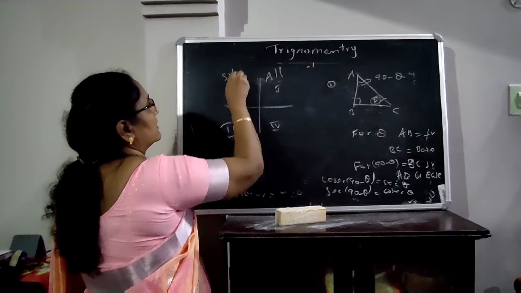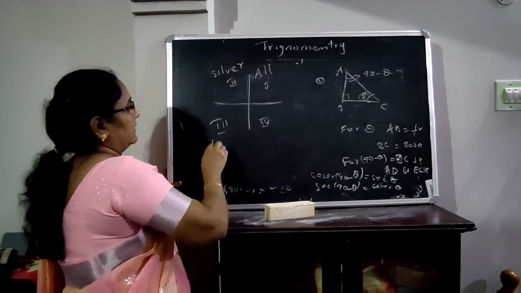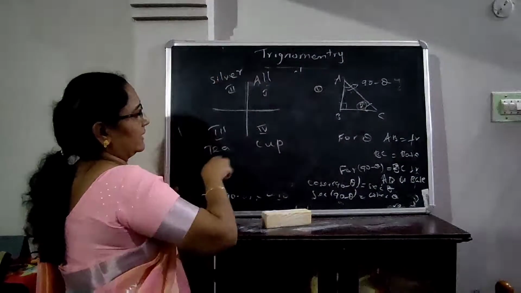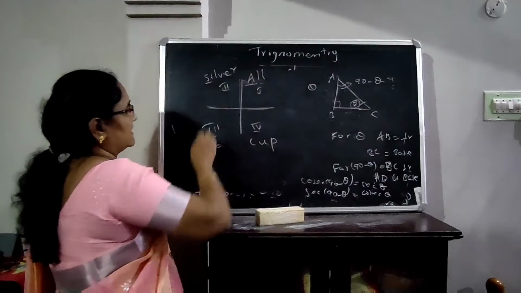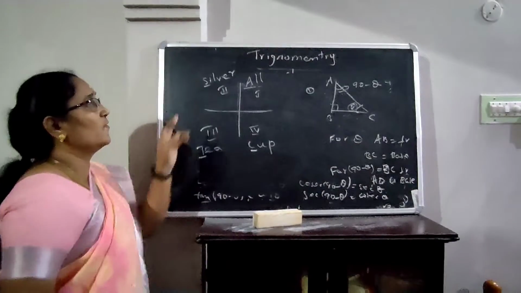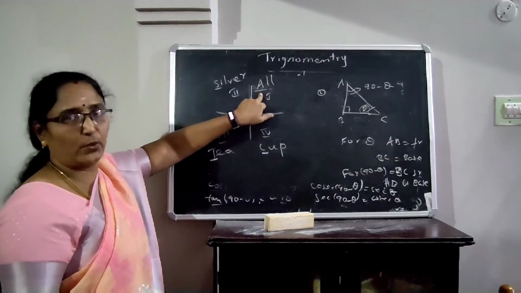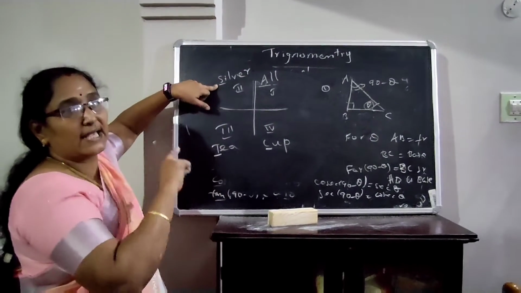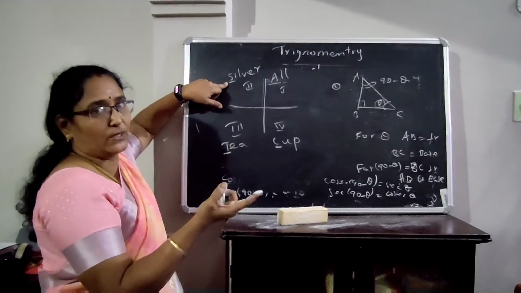All silver tea cup. All silver tea cup. A S T C. In the first quadrant, all are positive. In the second quadrant, sin is positive: sin and its reciprocal cosecant are positive.